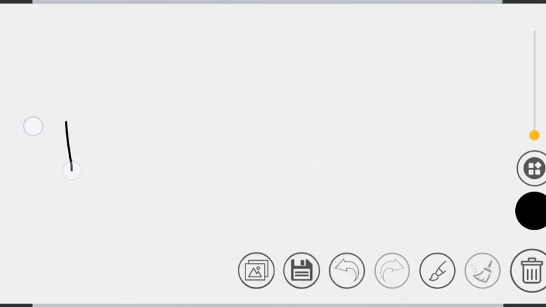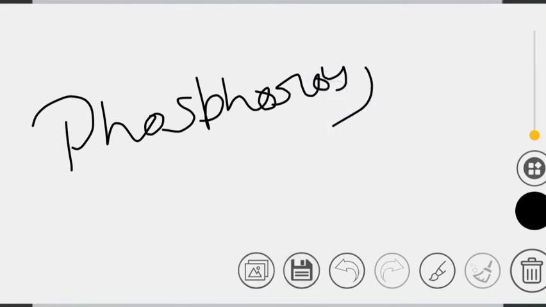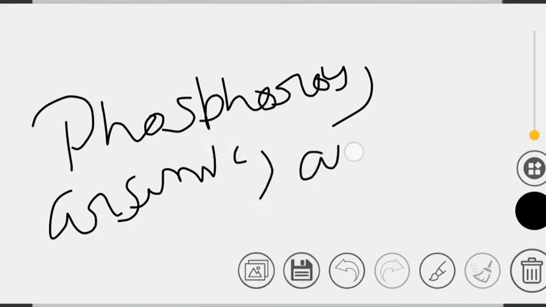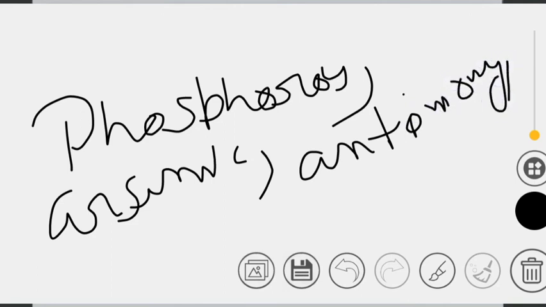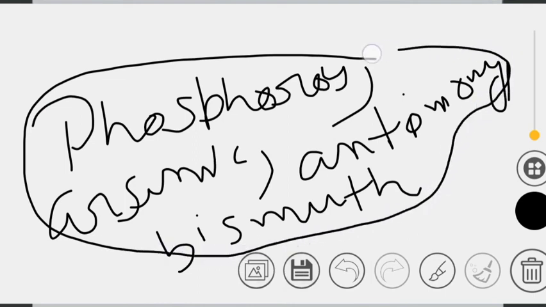They are phosphorus, arsenic, antimony, bismuth, and many more, which are added to the semiconductor as impurities, and because of that N-type semiconductors are there.